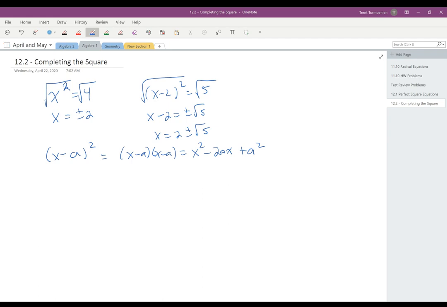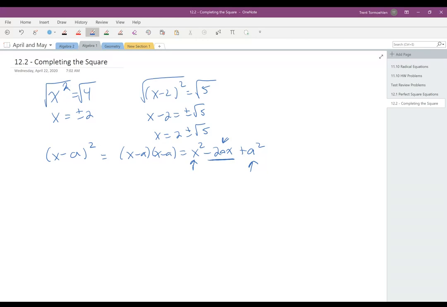And so a polynomial perfect square always has the form where 2 times something gives the coefficient of x when the coefficient of x squared is 1. And whatever that something, a, is, if we square it, we get the third term of our polynomial.